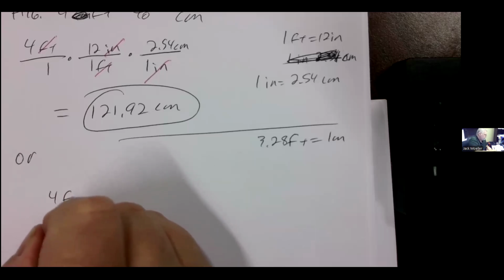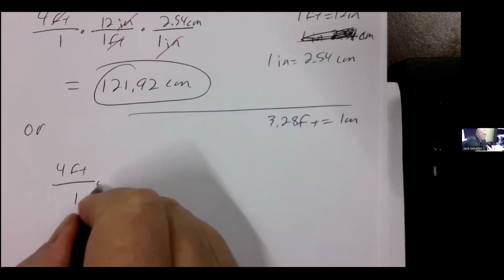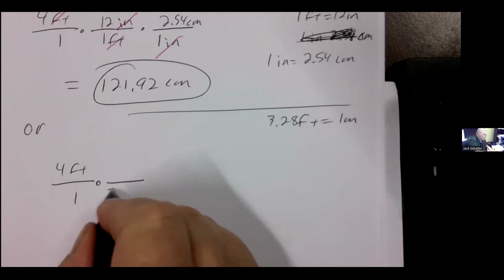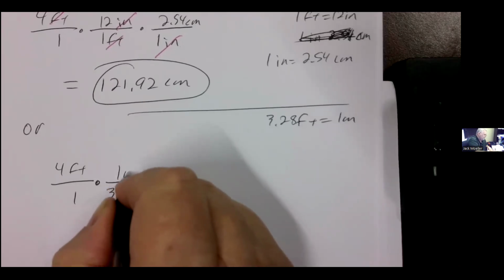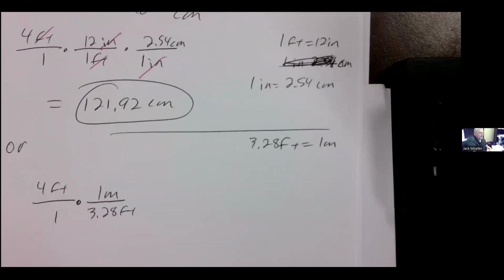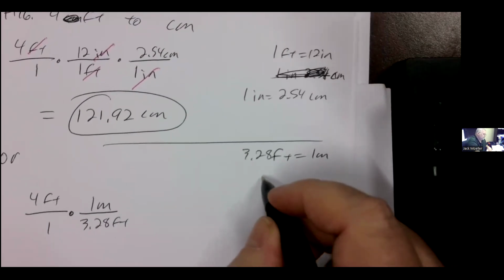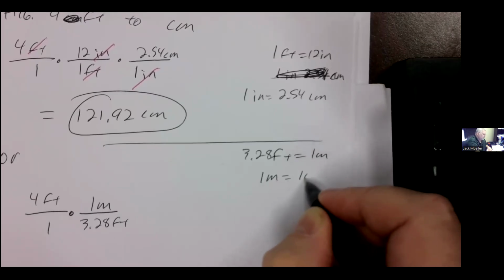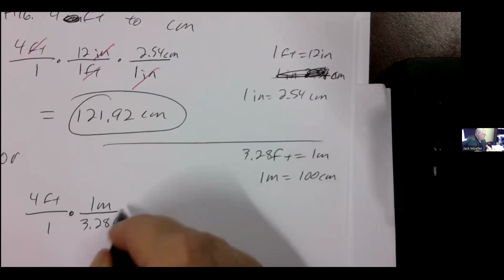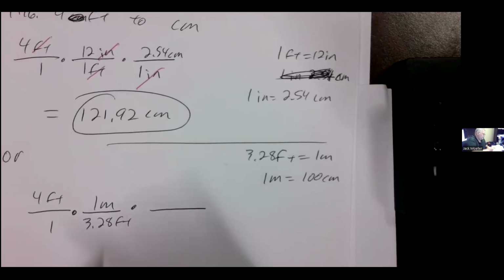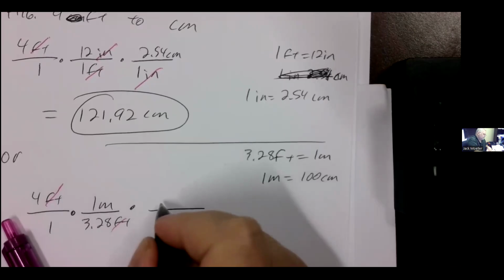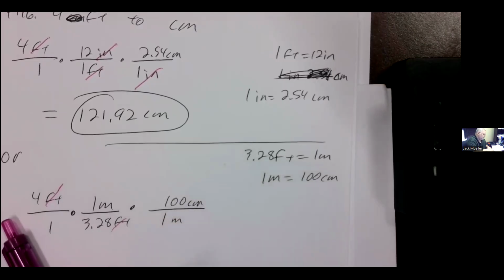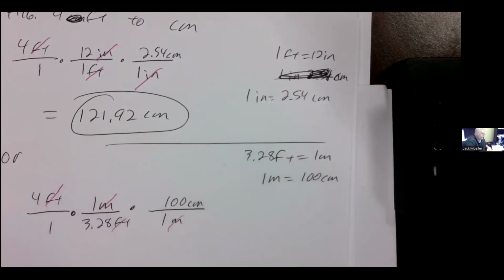We have 4 feet over 1. Now we want feet on the bottom, so 3.28 feet is 1 meter. Well, we want centimeters, so we have to know that 1 meter is 100 centimeters. The feet cancel. Now 1 meter is 100 centimeters, so the meters cancel.